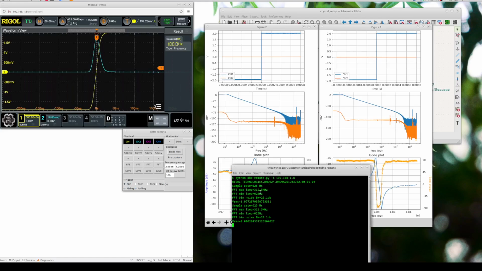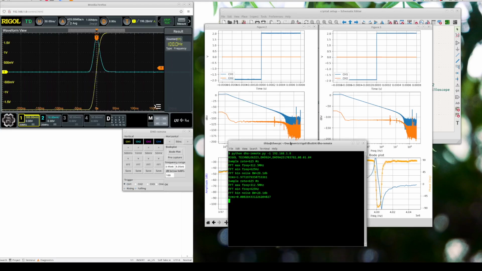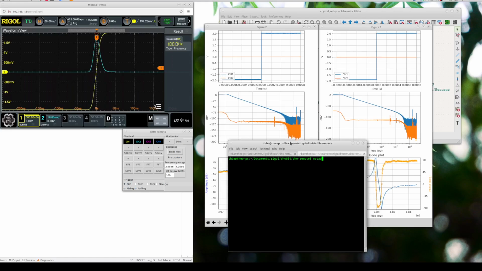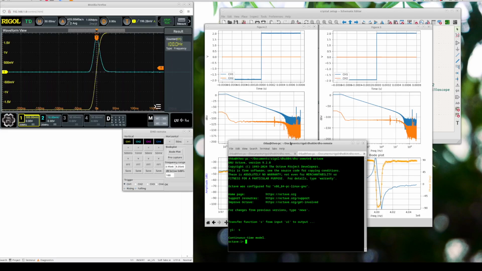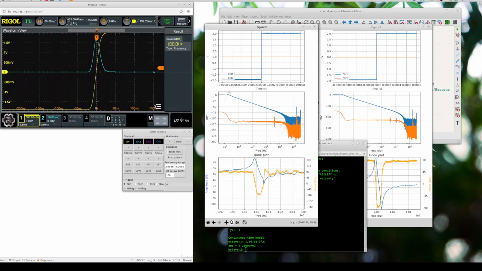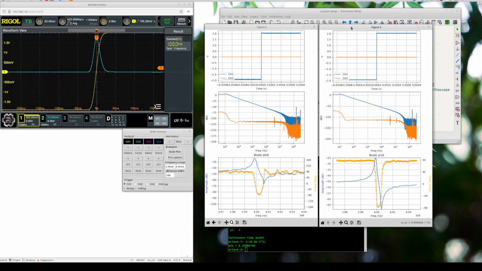And if you calculate the frequency of that, it's 1 over 0.8 millisecond times 2. So that's only 625 hertz. So this is the lowest frequency here, 625 hertz, limited by the capture depth of the scope.